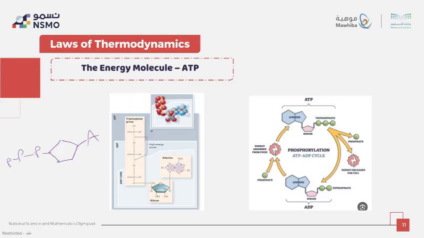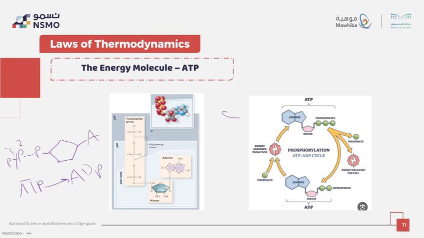This is how ATP is composed. If I want to release the energy, it must be between the second bond or the third one. So it will be broken and the ATP will be converted to ADP.